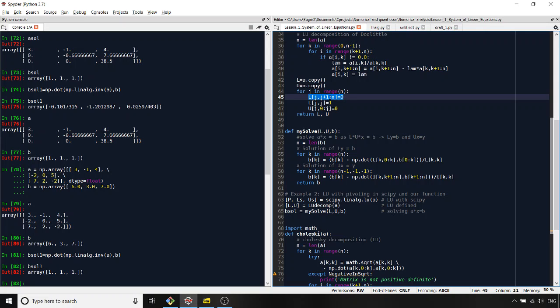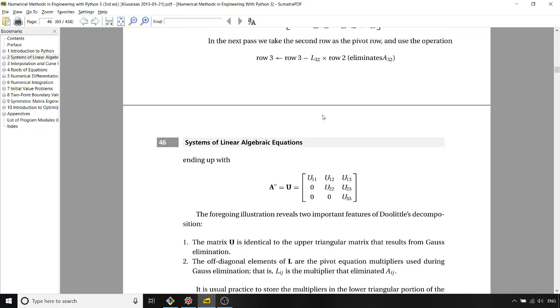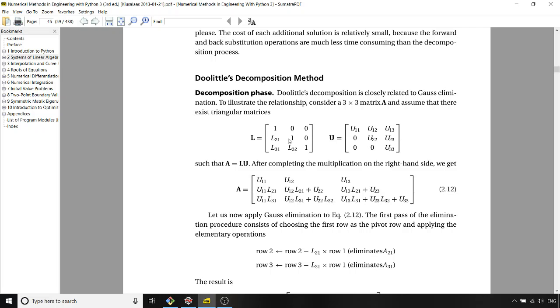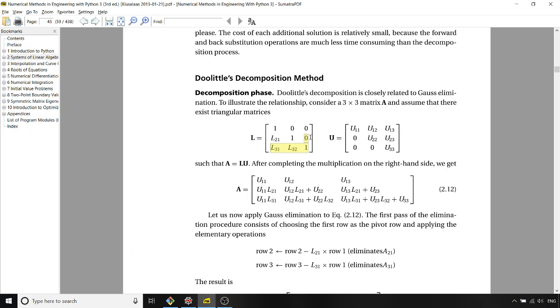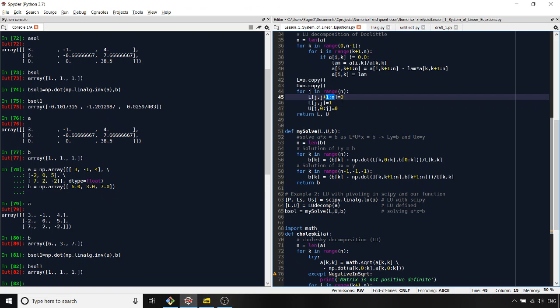We want the elements beyond the corresponding row or columns, to the right side, to be 0. So if we are talking about the second row, then we are talking about the third column and beyond. So this and others should be 0.